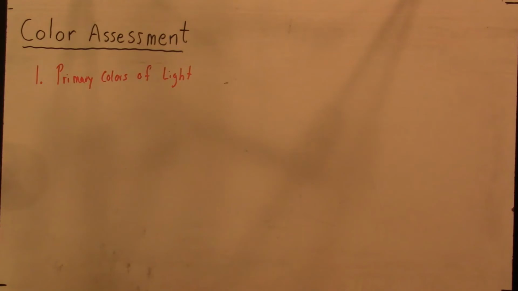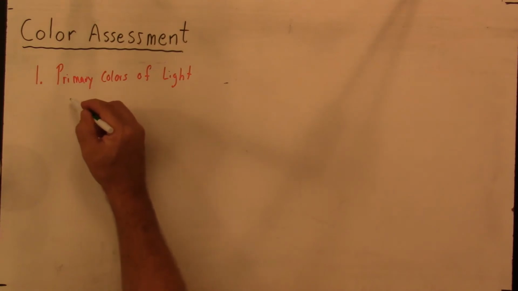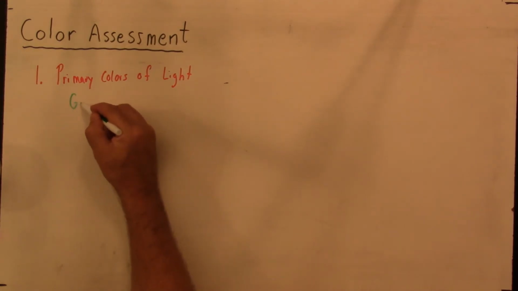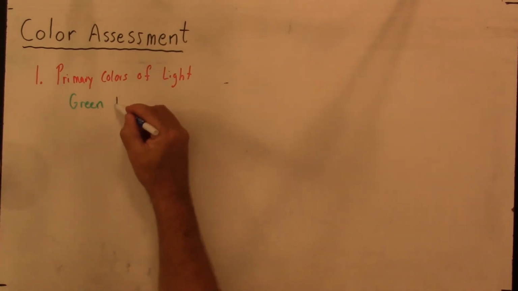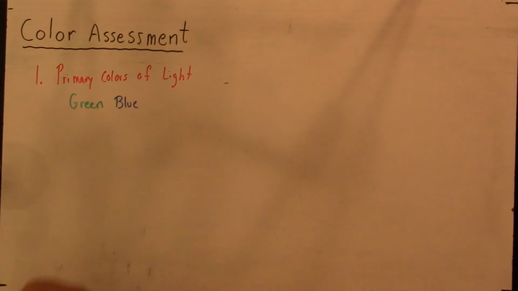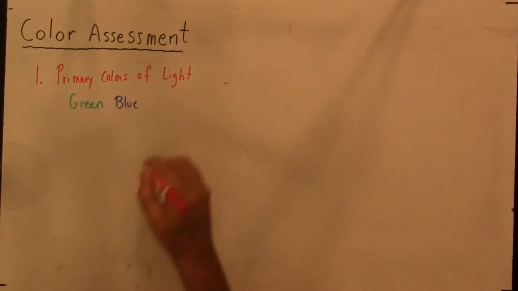And here we're talking about the primary colors of lights. And so the primary colors of lights are green, blue, and red.